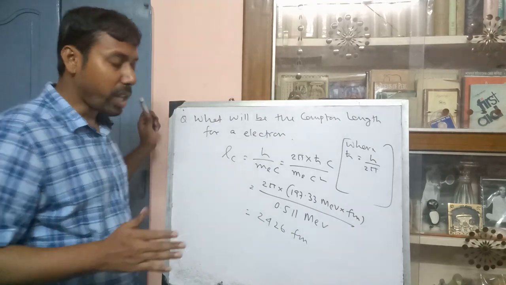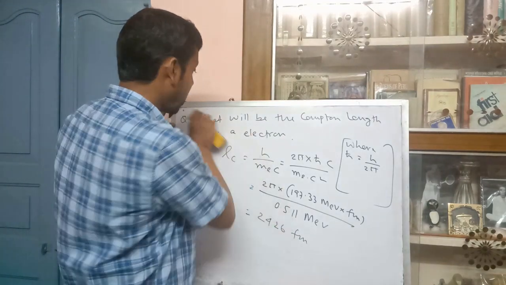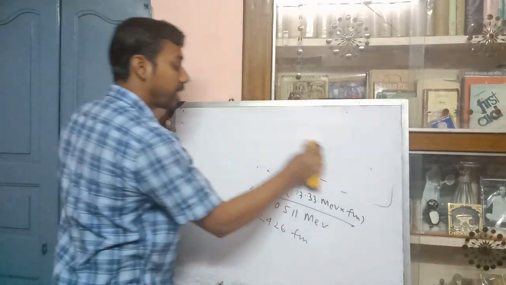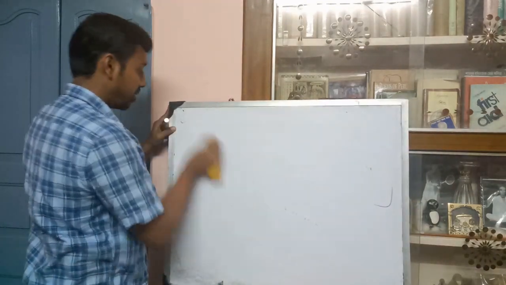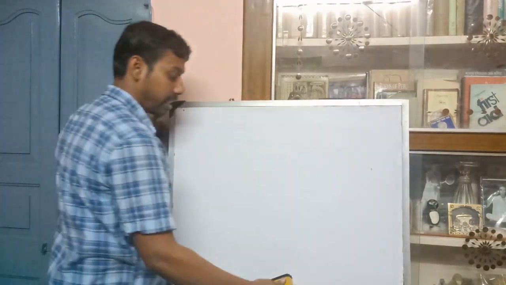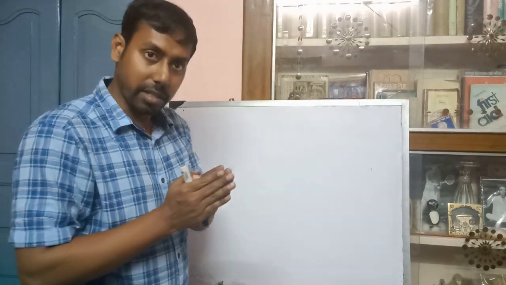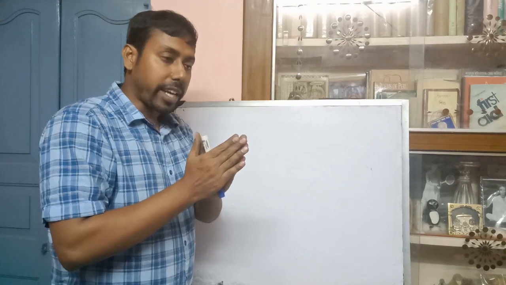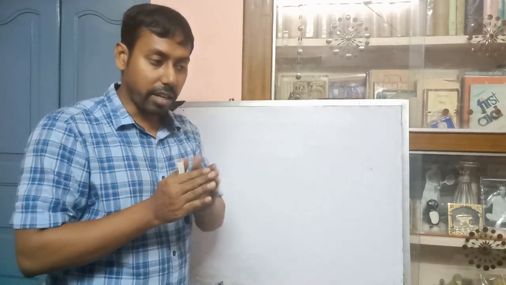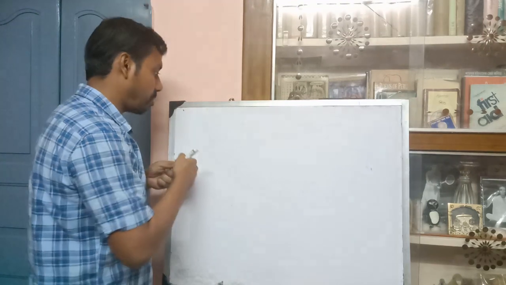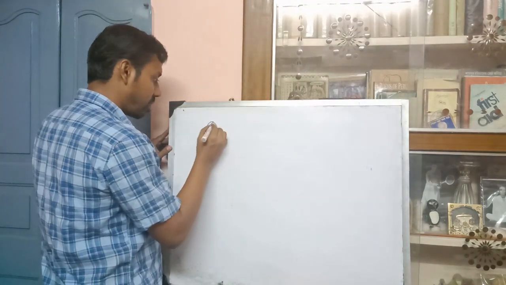Now at that time the problem is, if a high energetic radiation, suppose an X-ray source, falls on an electron which is at rest, then it is scattered after falling on the electron.